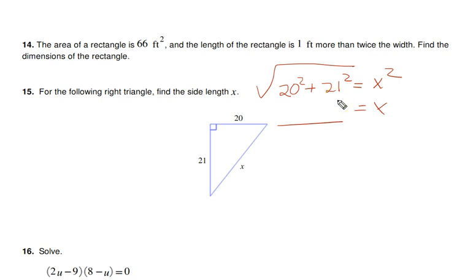Well, you can't see me, can you? So I get 20 squared in my calculator plus 21 squared. Hit enter, and that's 840.